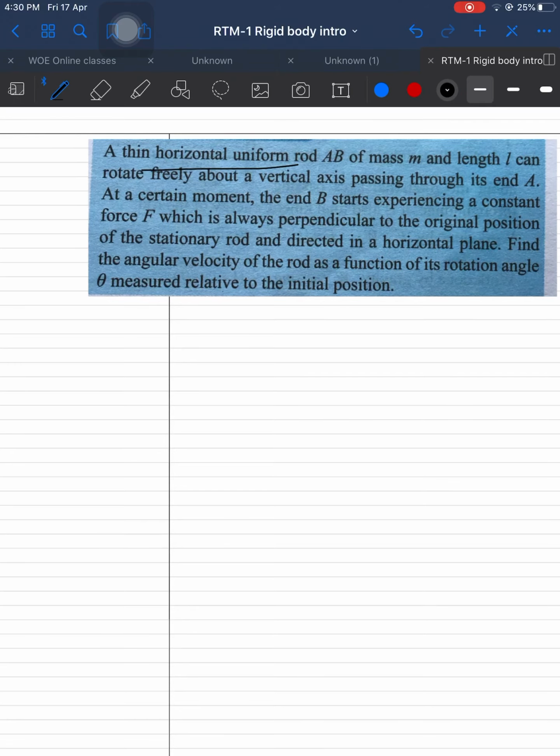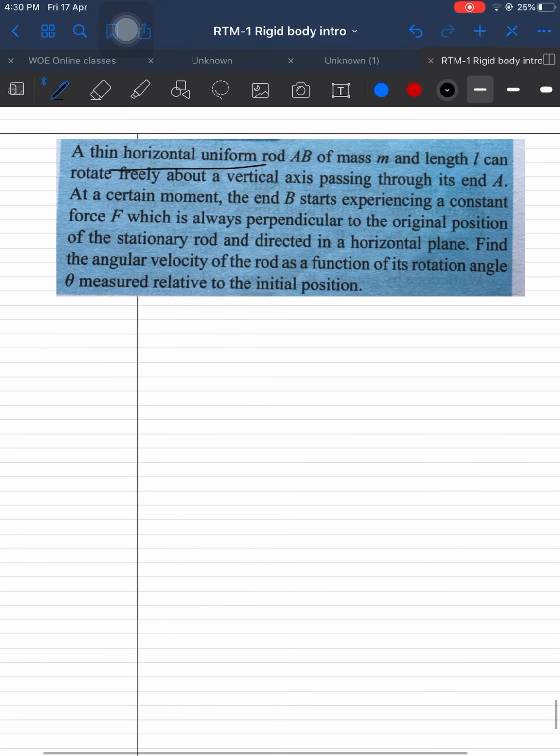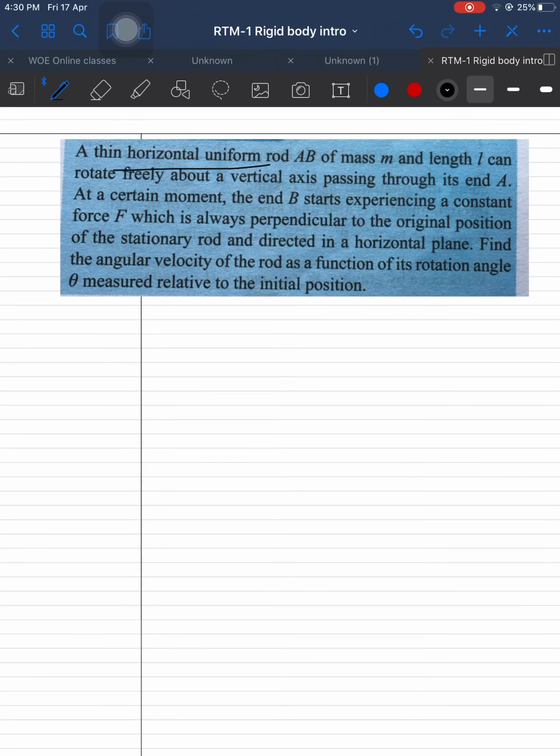A thin horizontal uniform rod AB of mass m and length L can rotate freely about a vertical axis passing through its end A. This is the rod AB, with ends A and B, and the axis passes vertically through end A. At a certain moment, end B starts experiencing a constant force F, which is always perpendicular to the original position.